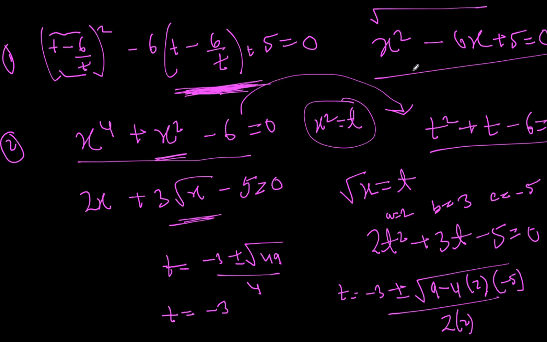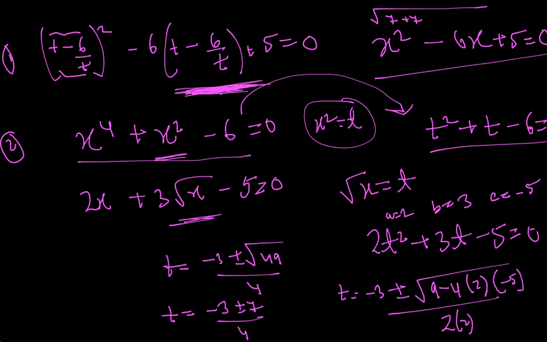You have to break 49 into prime factors. So 49 is 7 times 7, and under root 49 is actually 7, so this will give you plus minus 7 over 4.